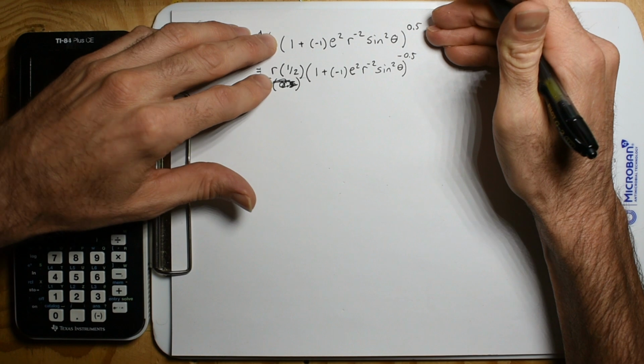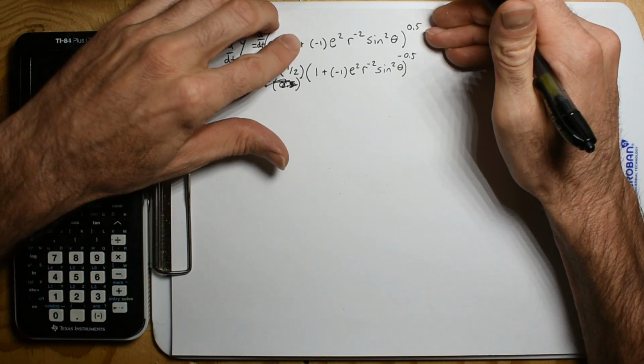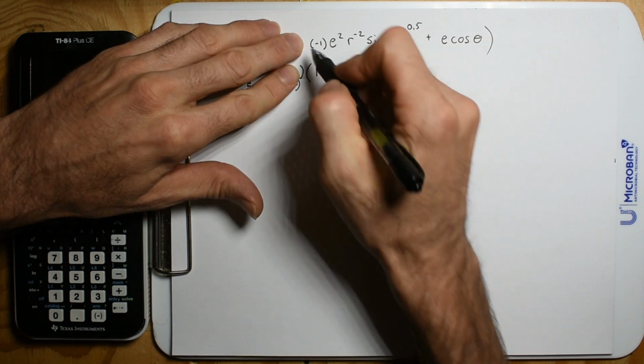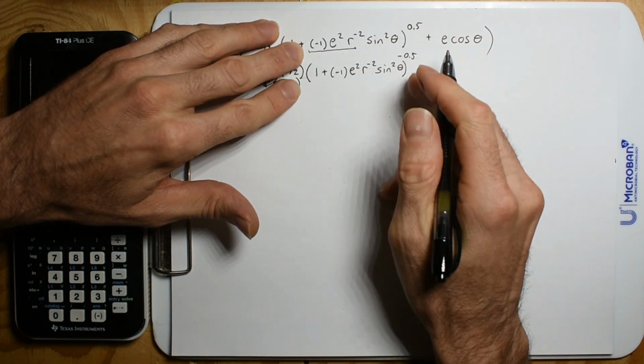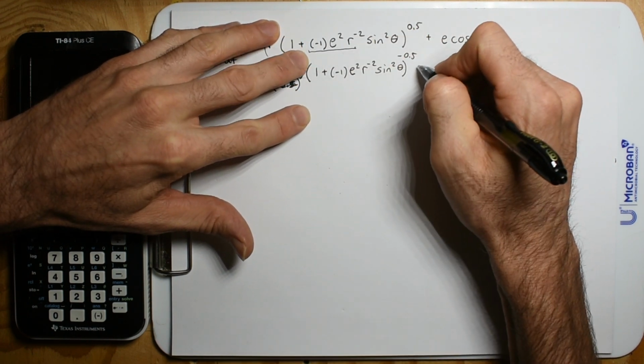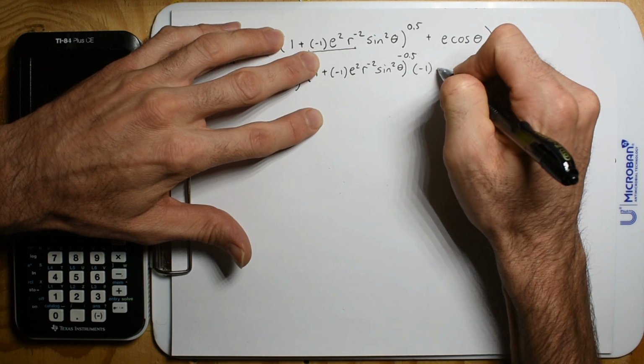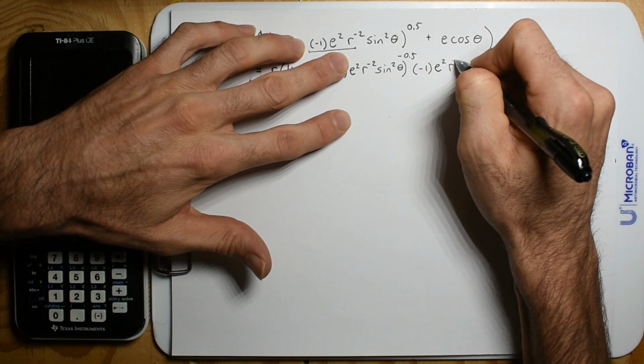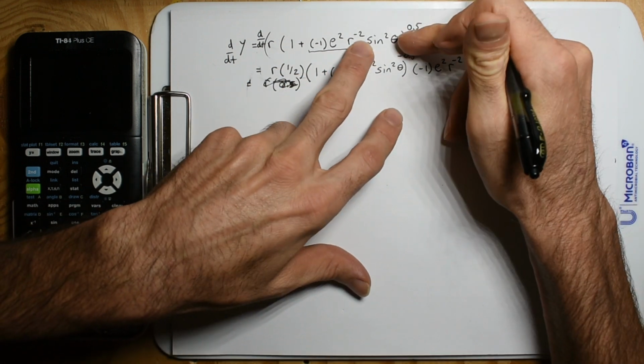And then we have to differentiate what's in here. Now this 1 goes to 0. All this is a constant, so keep that in mind. We're going to get the constant outside first, and then we're going to differentiate this.